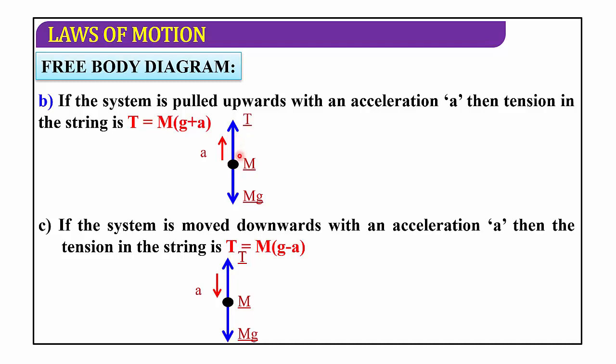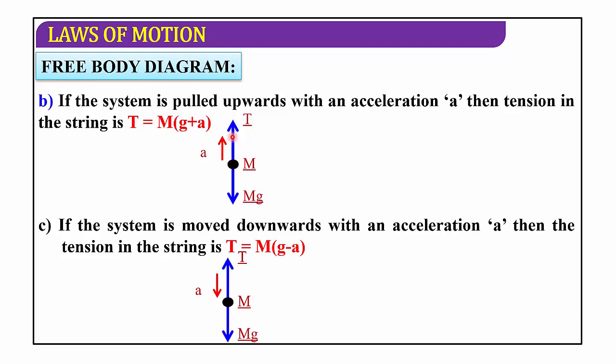We know the general formula is T equal to m into g. But when you are moving in the upward direction, a certain acceleration occurs, because when a number of forces act in a direction, the system starts to move in the same direction with certain acceleration.